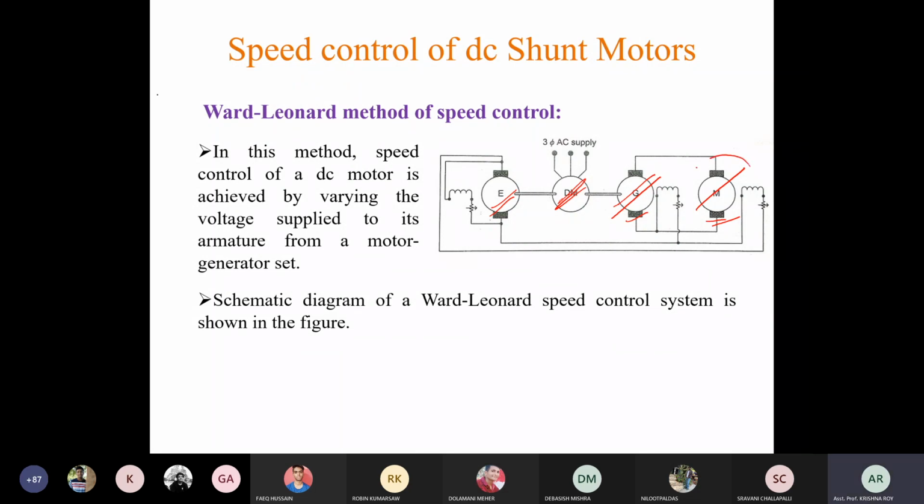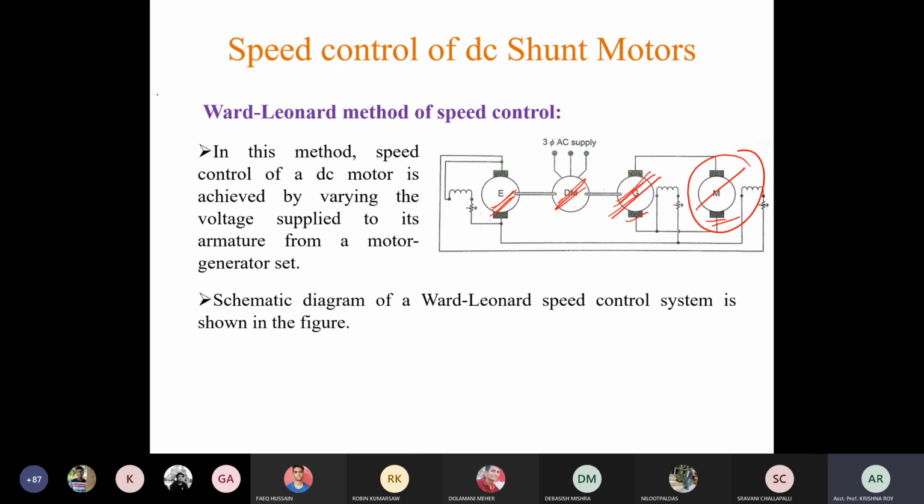This is the target motor whose speed is to be controlled. This is the generator whose induced voltage will be applied to this motor. This induction motor will act as a prime mover to this generator as well as this exciter. Why is it called exciter and why is it called generator?